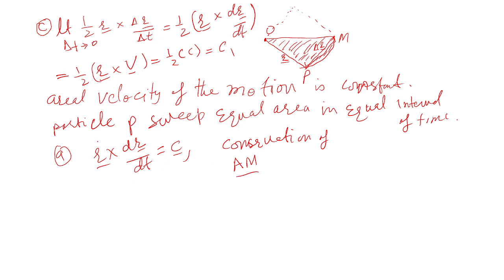You see, r cross v is constant. So if I multiply this with m, both sides are again constant. It will be again a constant vector. So let that vector be C2. So what is this now?